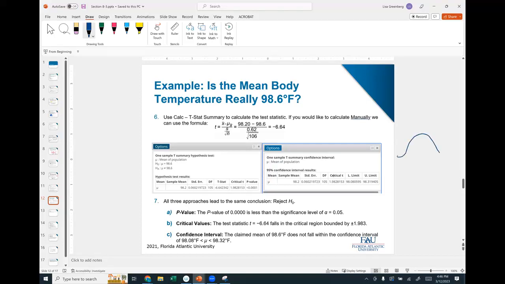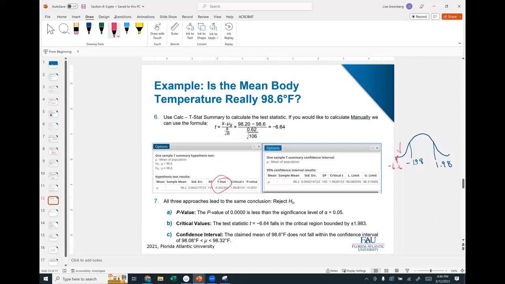If I were to draw a picture, our critical values are negative 1.98 and positive 1.98, and our t-stat is way down here, negative 6.6.